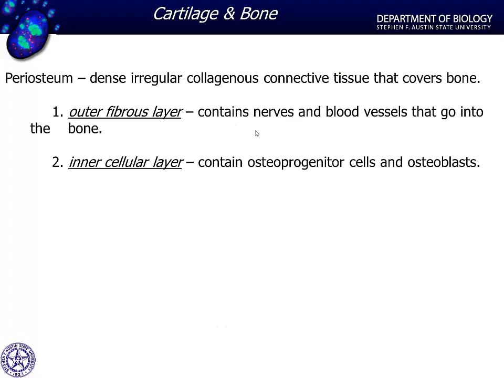So, similar to what we saw in cartilage, we have our periosteum, which is going to be our dense, irregular, collagenous connective tissue. Now remember, the only place we're going to find dense regular is in our ligaments and tendons. So all of this other denser material is going to be irregular. We've got the outer fibrous layer, and then we've got the inner cellular layer where we find the osteoblasts and our osteoprogenitor stem cells.